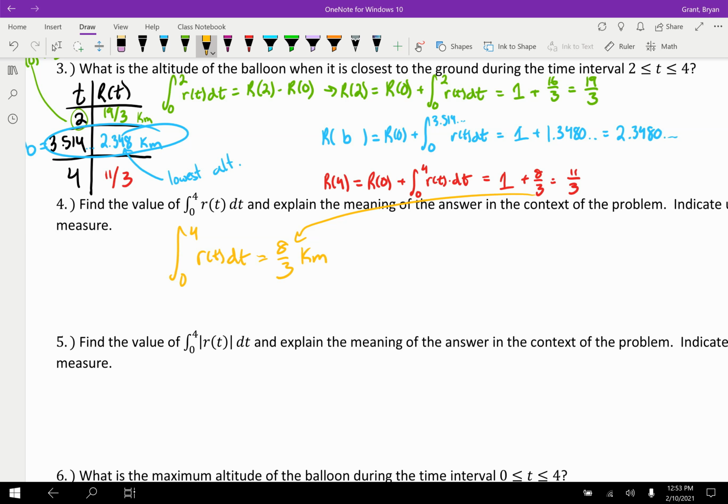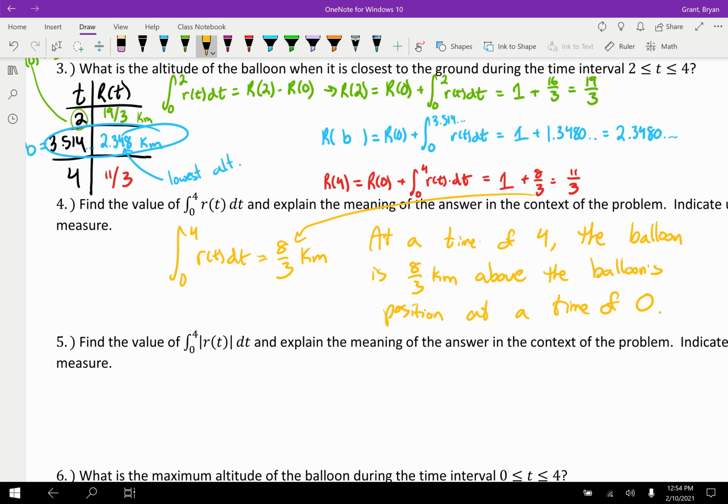This tells us that at a time of 4, the balloon is 8/3 kilometers above, because this is positive, we're talking up and down, above the balloon's position at a time of 0, right?